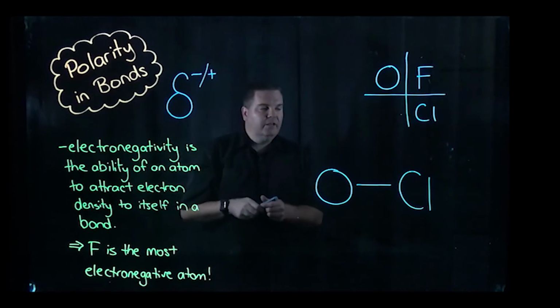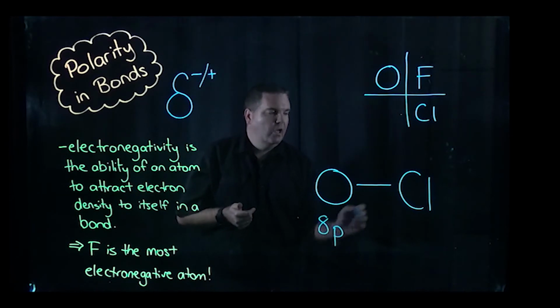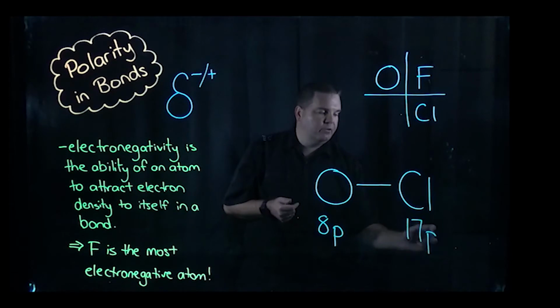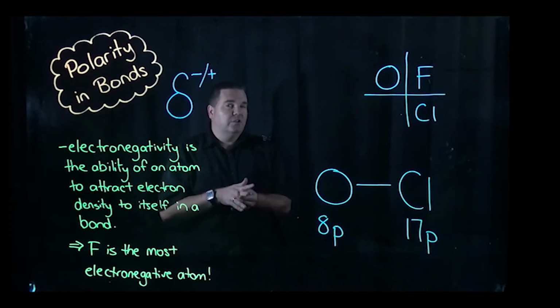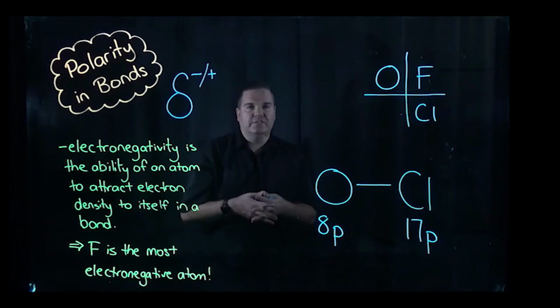What we've got to do is think about oxygen here. It has an atomic number of 8, so that's 8 protons in its nucleus. Chlorine has an atomic number of 17, so that's 17 protons in its nucleus. Okay. So on the surface, it looks like chlorine should be the more electronegative because it's got double the number of positives in the nucleus.